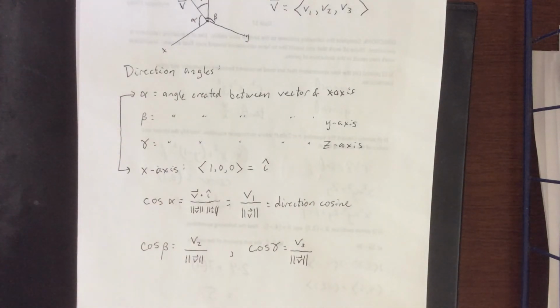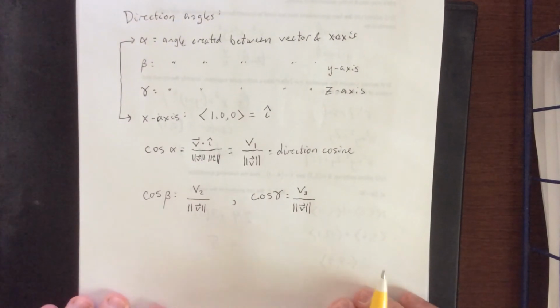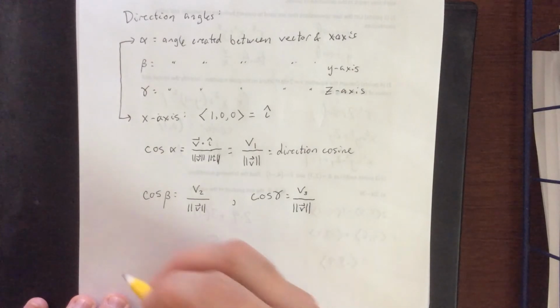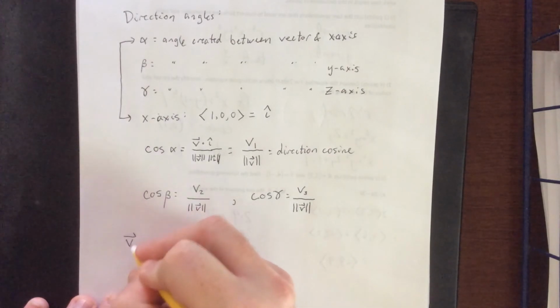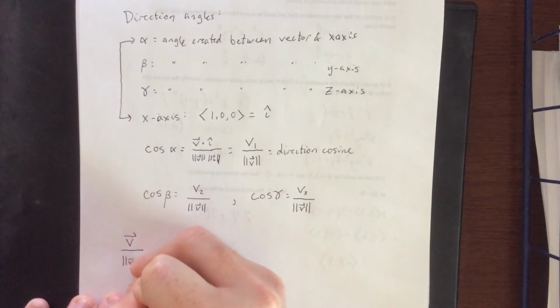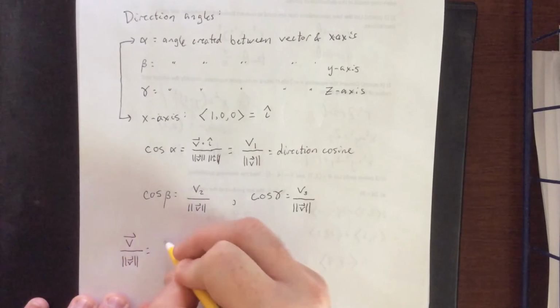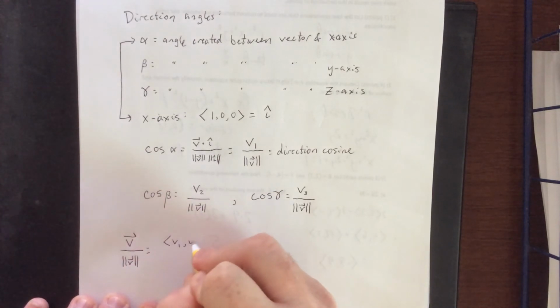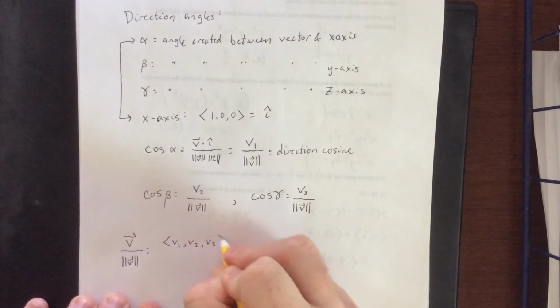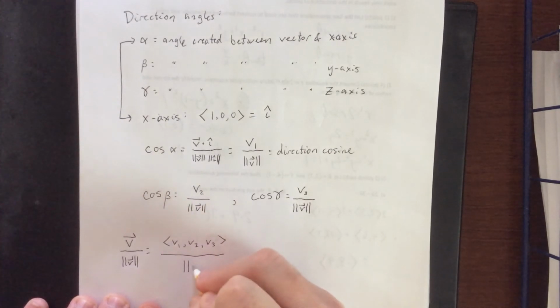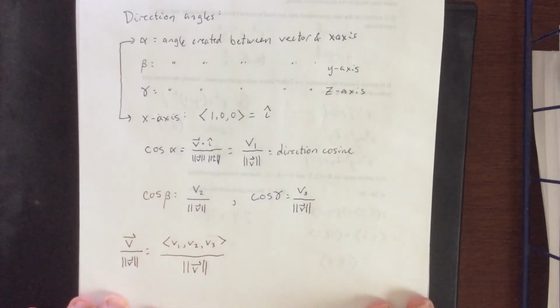Now, one of the reasons that we refer to these as direction cosines is because normally when we create a unit vector that's pointed in a given direction, we take a vector and divide by its own magnitude. That means that we would be taking v1, v2, v3, and dividing all three of them by the magnitude of v.